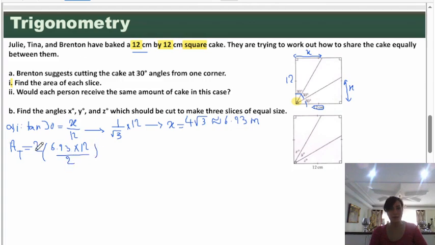I will cancel out these 2 and these 2. And if I calculate this amount, I will get 83.16 meter squared. It's my area of these two triangles, two pieces of this cake that are the same.